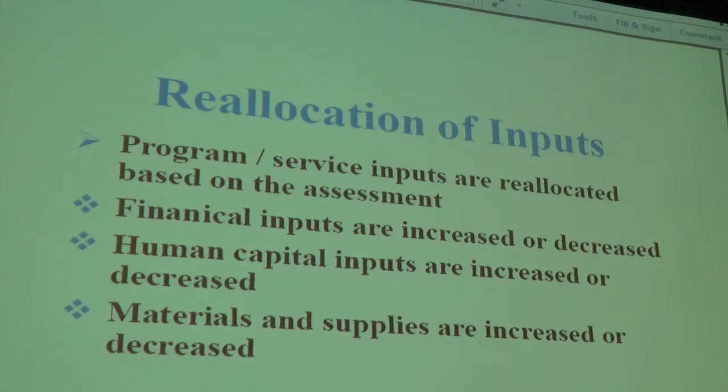If there are program consolidations, then the resource allocation can either be expanded or reduced, depending on what actually occurred with the consolidation. If programs and services are expanded, then there's going to be more resource allocation to those programs and services that were expanded.